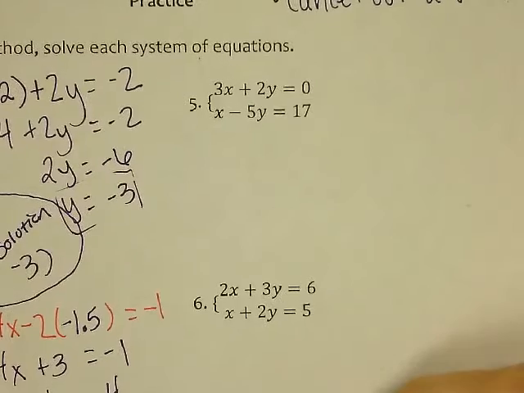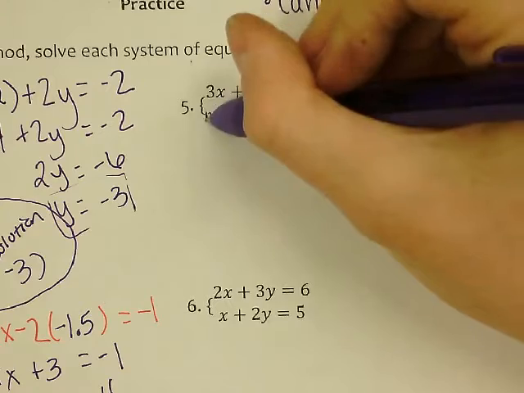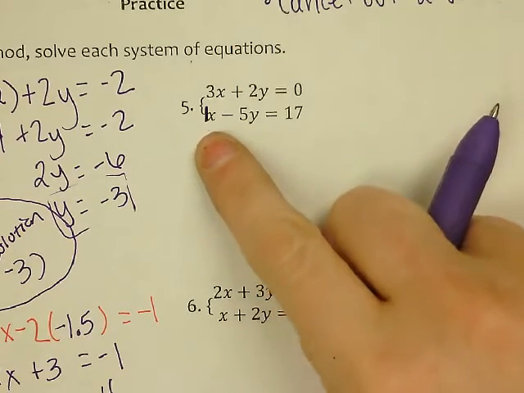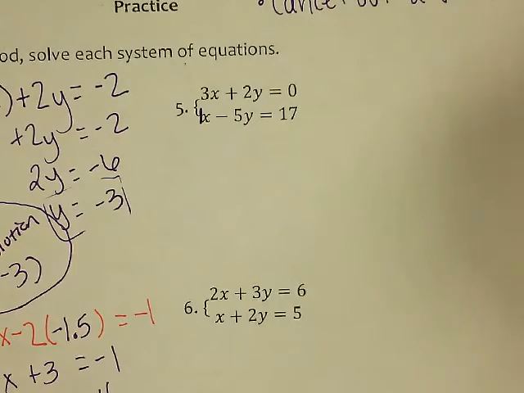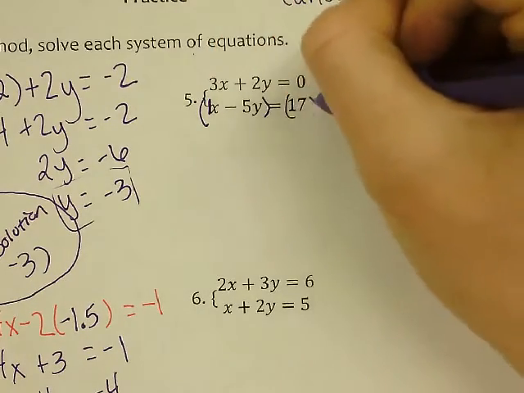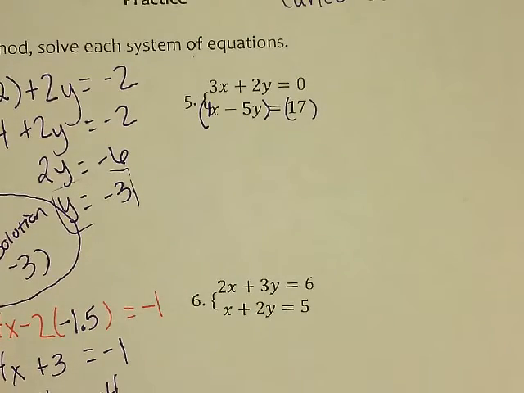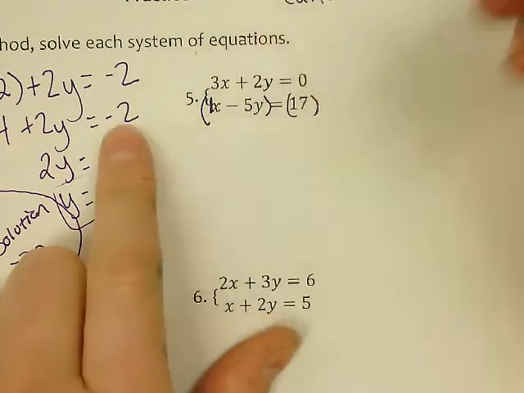Okay, so the x would be easier, because this has a 1 in front of it, right? I can multiply anything I want and make it match this x. But remember, it has to be opposite signs. So what am I going to multiply this equation by? -3, right? Because I want the x's to have the same number but different signs.